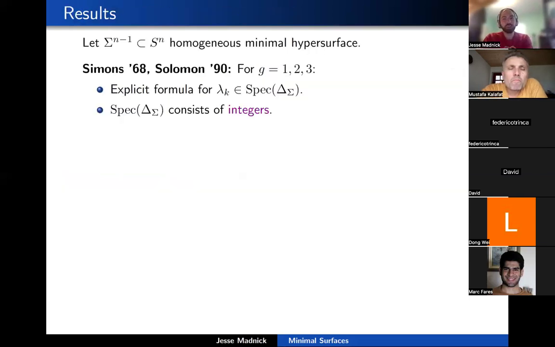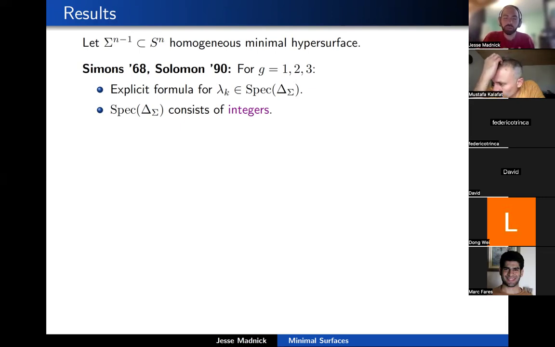So I want to explain the results that I just mentioned in slightly more detail. In particular, I really want to contrast the two examples that we looked at in the G equals 4 setting with those in the G equals 1, 2, and 3 setting, because somehow it's radically different in a striking fashion. When G is 1, 2, and 3, what Jim Simons and Bruce Solomon were able to do is get essentially an explicit formula for the eigenvalues of the Laplacian.